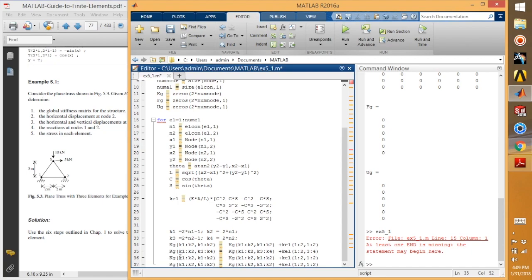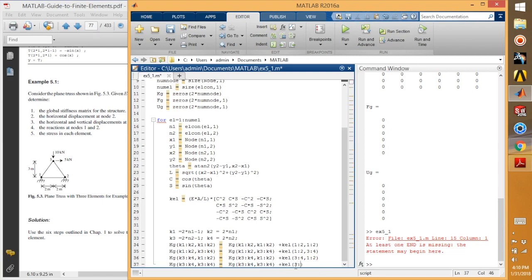And then we have 3 to 4, 3 to 4, 3 to 4.